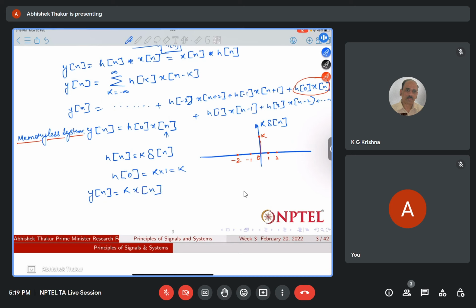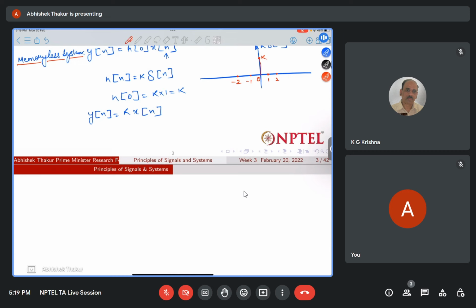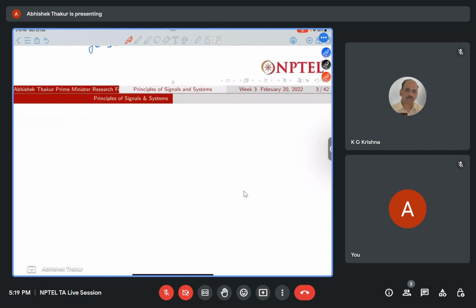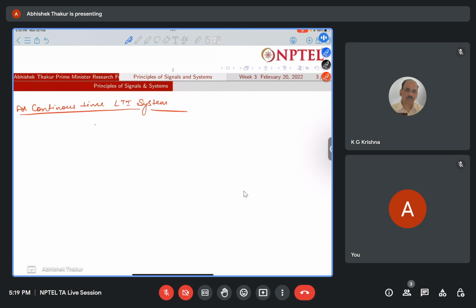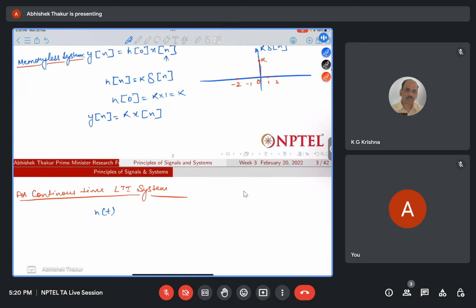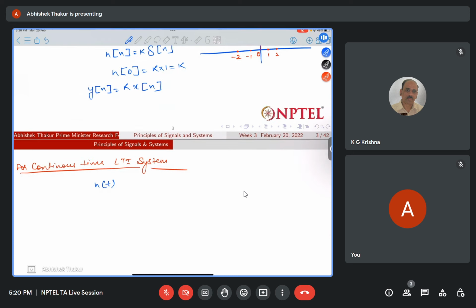This was for the discrete time system. For the continuous time LTI system, we'll just summarize it. Here the impulse function depended on n, on discrete steps n equal to minus 1, 0, 1.